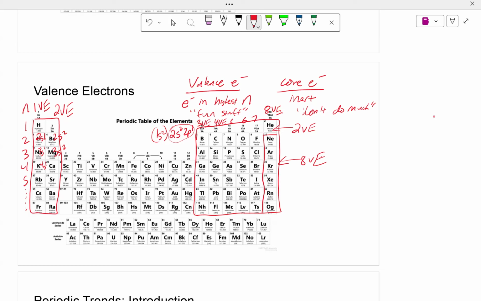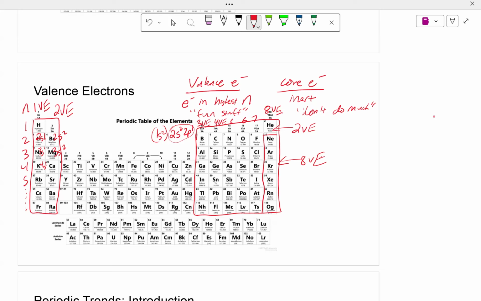And this is going to transition us into our discussion of what we call periodic trends, where we're going to be noticing that the way the periodic table is organized is not random. It's organized to show that there are quite a few reoccurring and predictive trends as well.